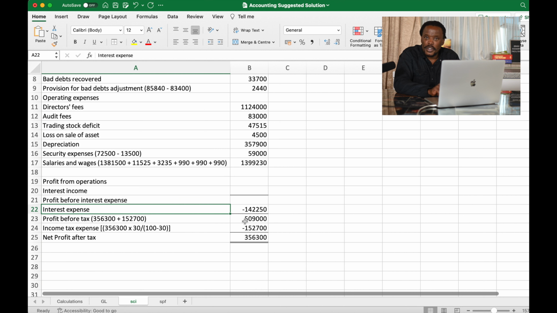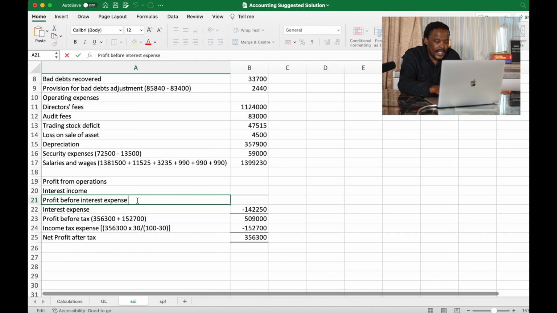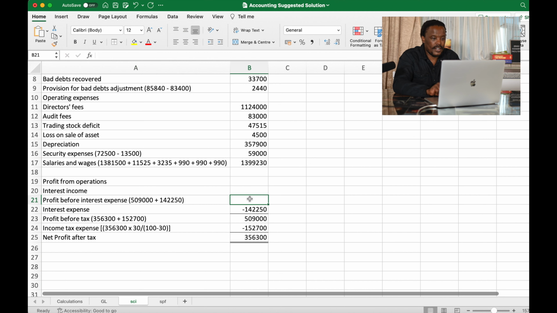And again, it becomes simple. I'm given the profit before tax. I'm given the interest expense. Therefore, I can determine on my own that 509,000 plus 142,250. What does it give us?